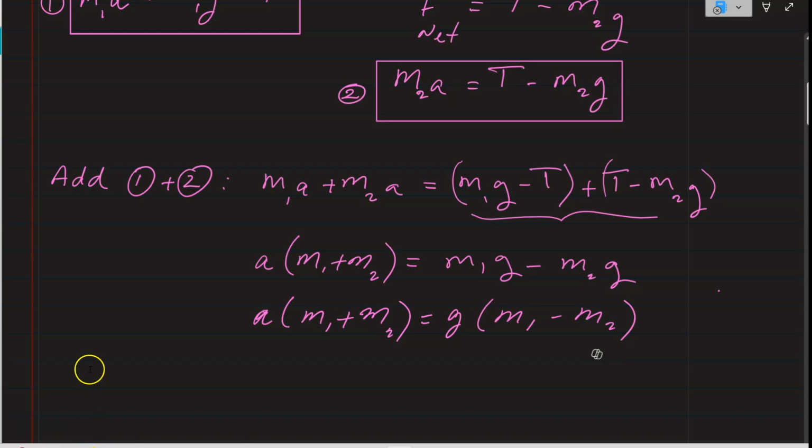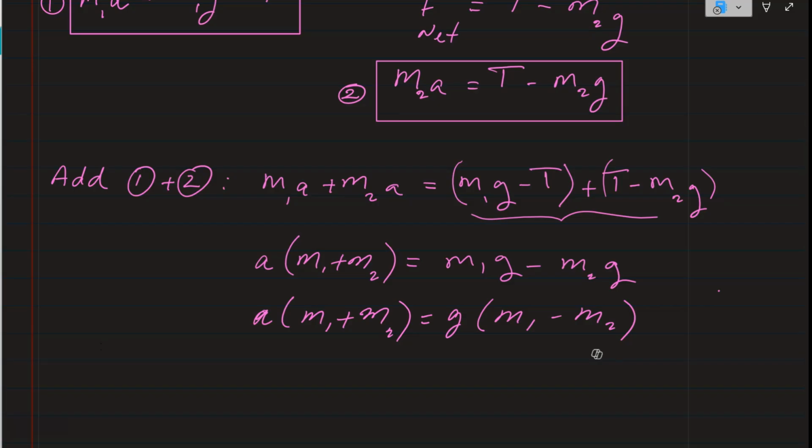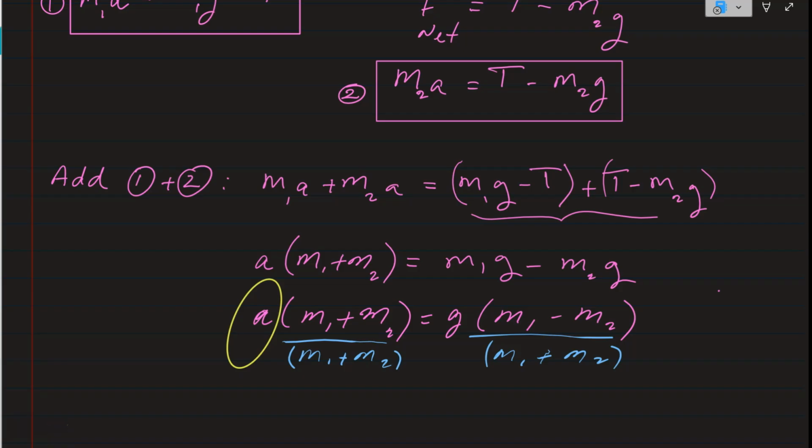Okay, the question is, we want to solve for the acceleration of the system. That means we don't know what a is. A we don't know, and that's what we need to solve for. So here we're going to divide both sides of the equation by the coefficient of a, which is M1 plus M2. So let's go ahead and do that. And when you do this, the top M1 plus M2 and the bottom M1 plus M2 divide each other and it gets 1, and a becomes isolated, and we can now solve for a.